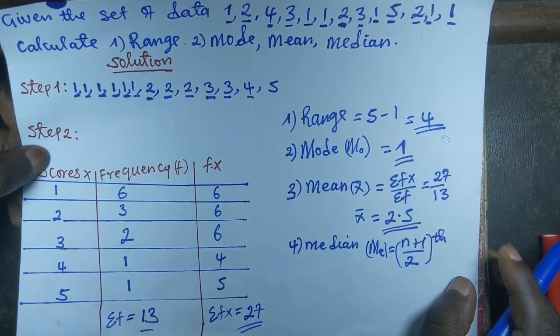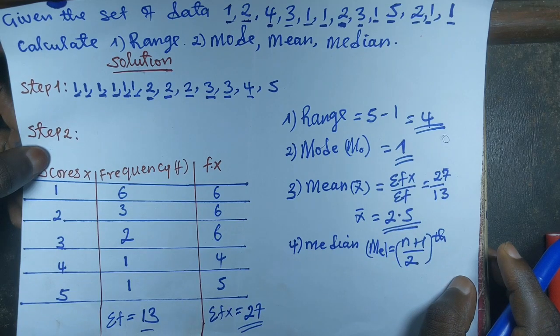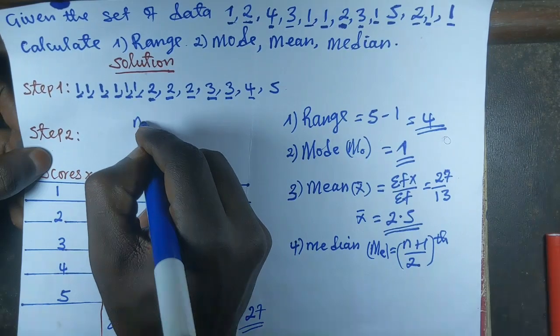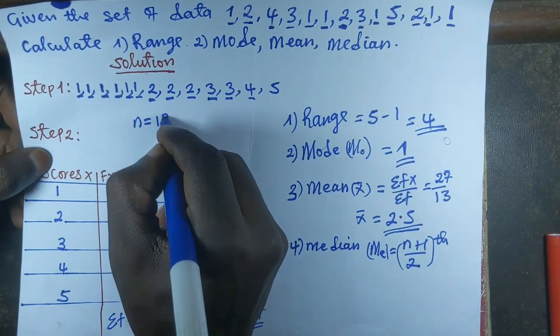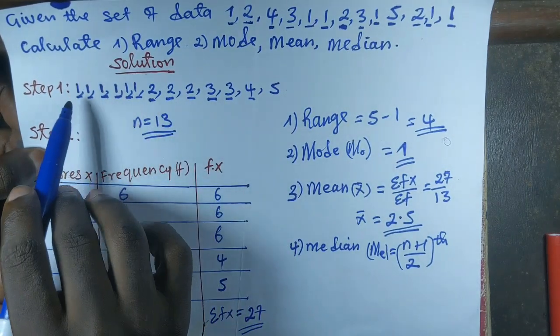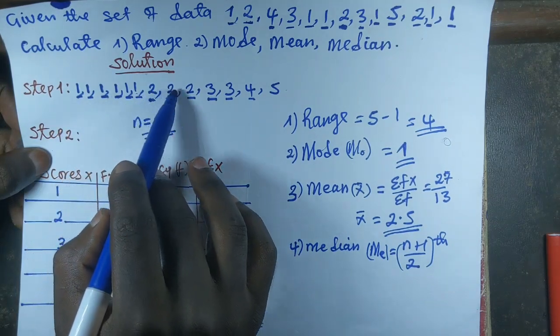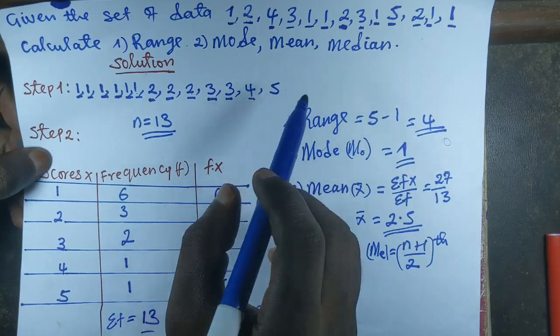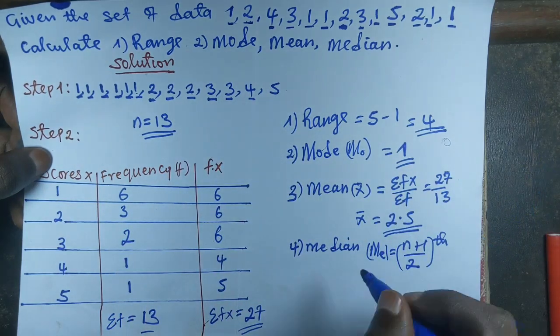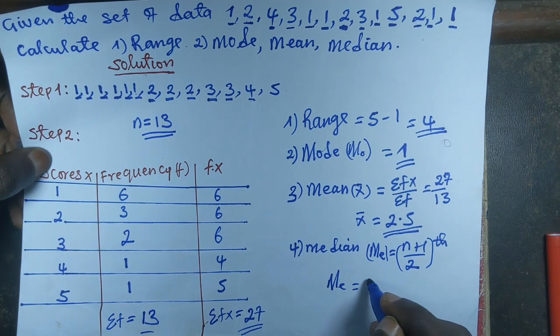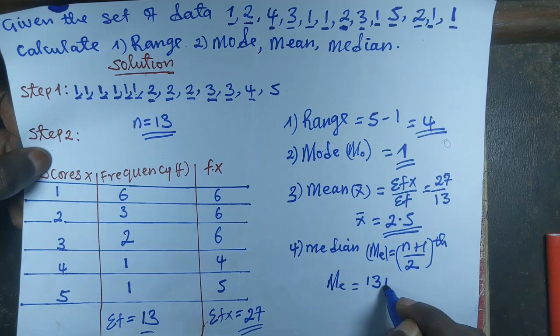That is, we are looking for the position of the median data. We have n equal to 13, when you count 1, 2, 3, 4, 5, 6, 7, 8, 9, 10, 11, 12, 13. So the median is equal to 13 plus 1 divided by 2.